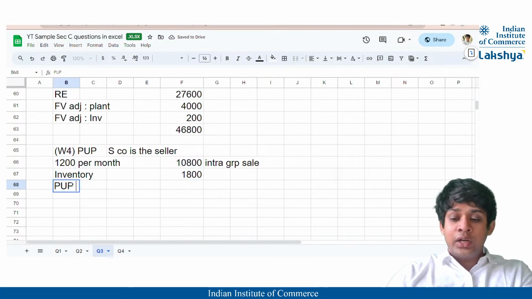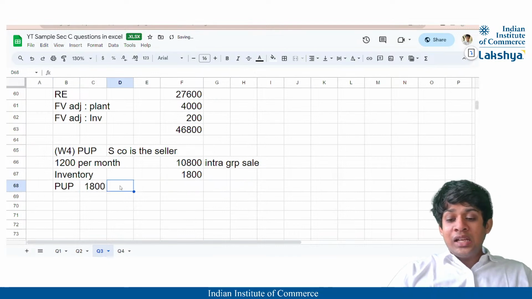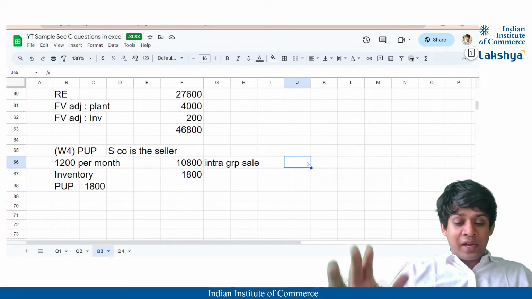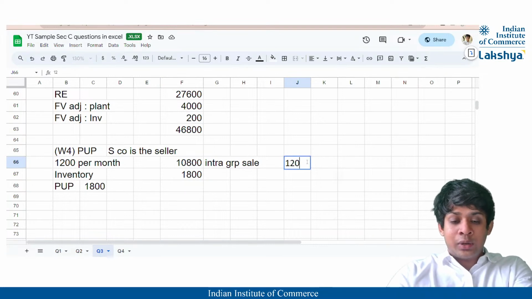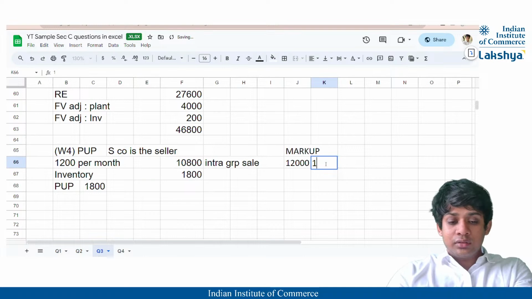So PERP will be calculated as 1,800. This is the sale value, right? Because this is a markup. Markup means it includes the sale value. Okay. For clarifying yourself, whatever is the amount stated, 12,000. If they stated that this 12,000 is markup, that means this is cost, right?